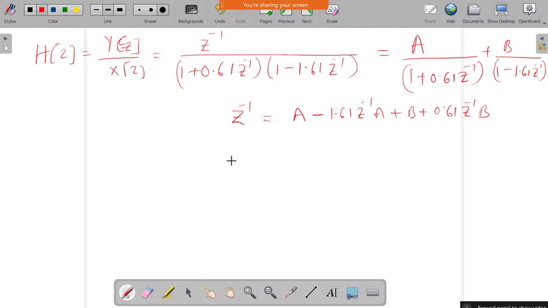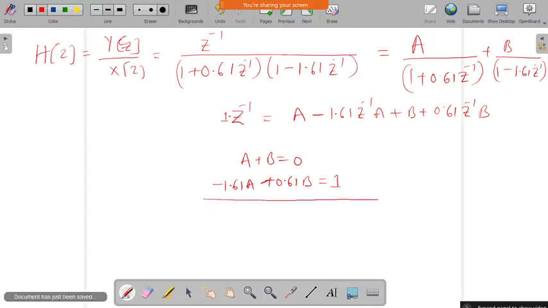So now we can take two equations, that is A plus B, which is equal to 0 because there are no coefficients of the constant term, and similarly here, minus 1.61 A plus 0.61 B, which is equal to 1. So that is the z inverse term coefficient, that is value 1. So now you can multiply this one with either 0.61 or 1.61, it is fine, anything you can do.